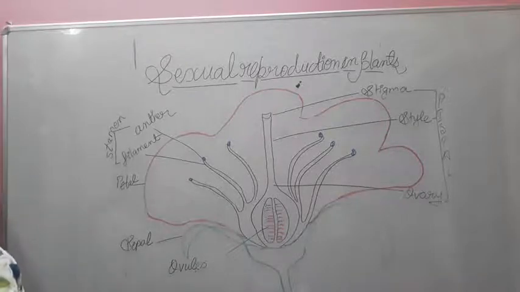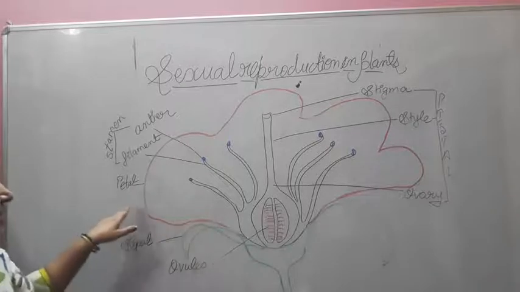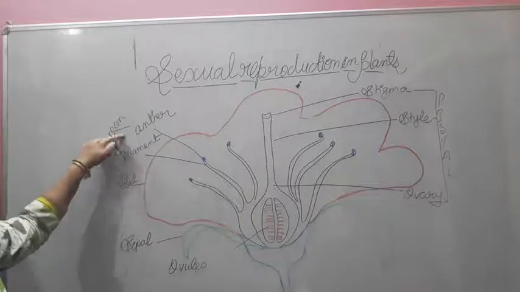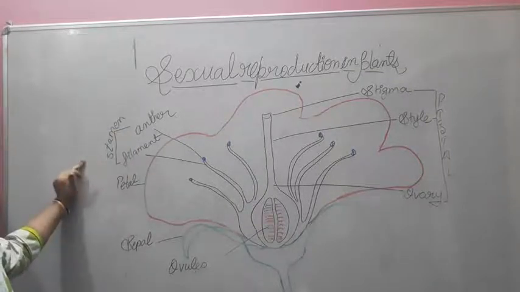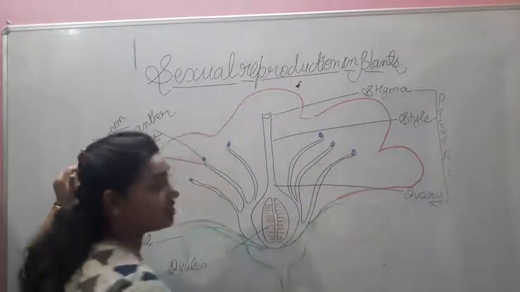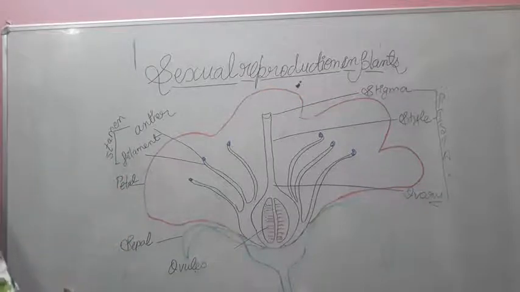One whorl is of the sepals, the second is of petals, the third is the male part which includes anther and filament, called the stamen, and the fourth whorl is the stigma, style and ovary, which make up the female reproductive part. If it has all these four whorls, it is a complete flower, except in the case of the bisexual one.